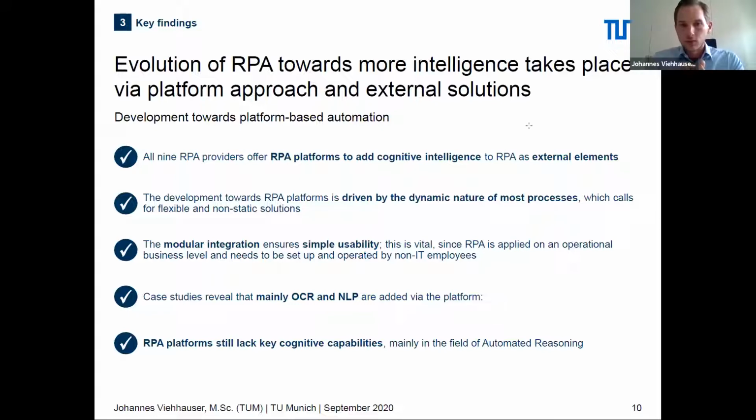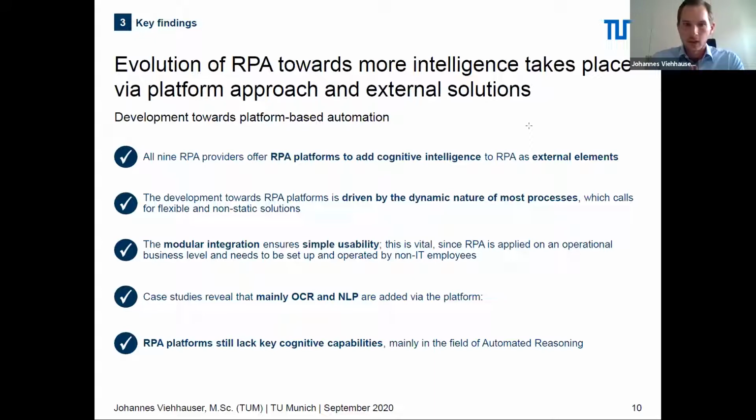What we could see in the data is that mainly optical character recognition was available at all 9 platforms as a pre-installed capability, and therefore most RPA providers used external technologies such as ABBYY or Kofax, for example. And 4 out of the 9 RPA platforms also had pre-packaged natural language processing, mainly in the form of sentiment analysis, for example, to understand context of emails, and they would be able to work with unstructured text coming from emails.